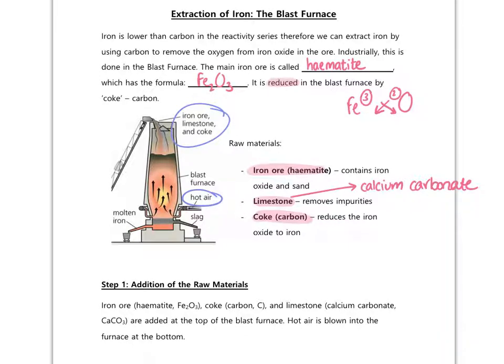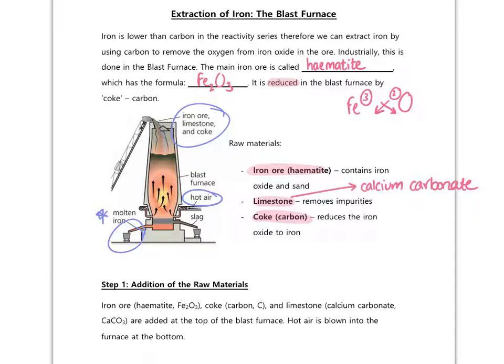It will meet the iron ore, the limestone and the coke, the raw materials, and it will heat those up in order that they will react. And what actually happens is the iron oxide is reduced to iron, and that actually sinks to the bottom, and it's tapped off at the bottom. You can see here that it's tapped off and collected at the bottom.